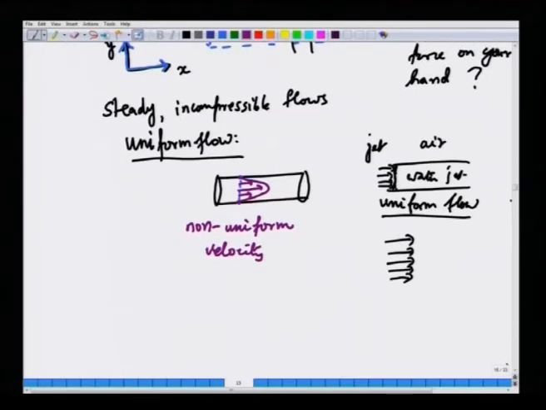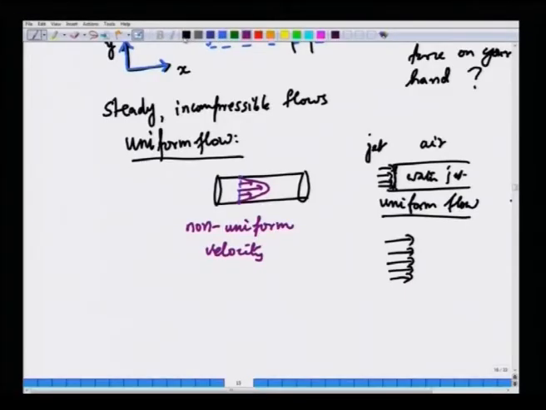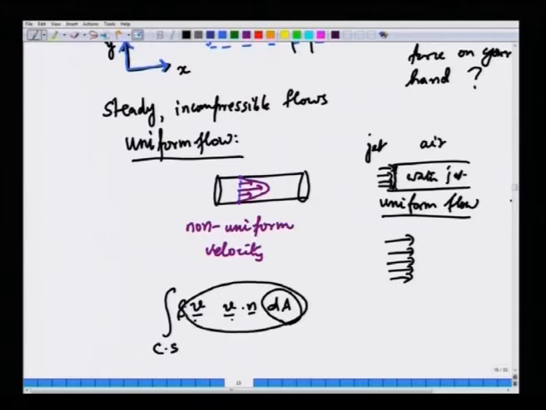Okay. The reason why it is important whether you have a uniform flow or non-uniform flow is because when you want to evaluate the flux term rho v dot n dA, this is an area integral over the inlet and outlet of the control surfaces. Now, if v is a function of the cross sectional area, then you have to evaluate the area integral. Okay.